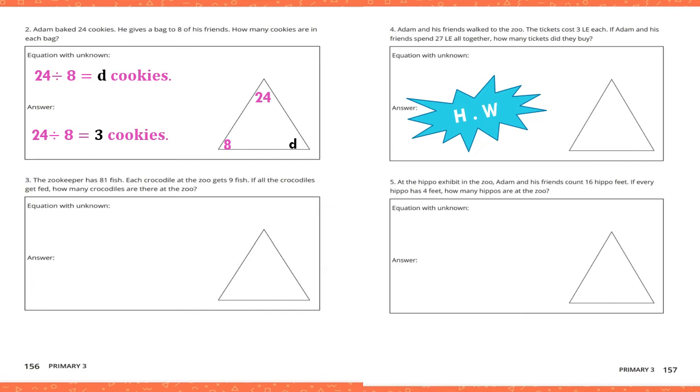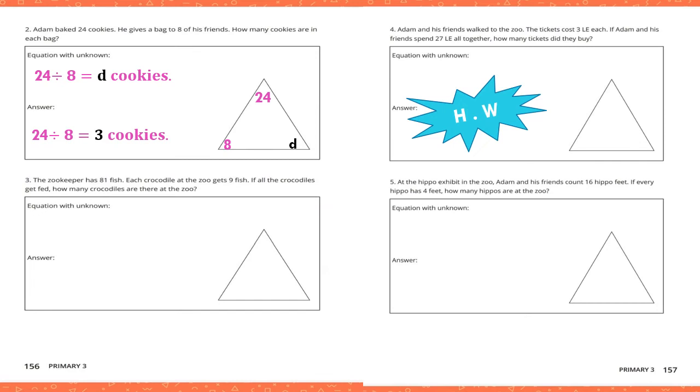The zookeeper has 81 fish. Each crocodile at the zoo gets 9 fish. If all the crocodiles get fed, how many crocodiles are there at the zoo? So, to know the number of the crocodiles, I have to distribute the 81 fish into groups of 9.